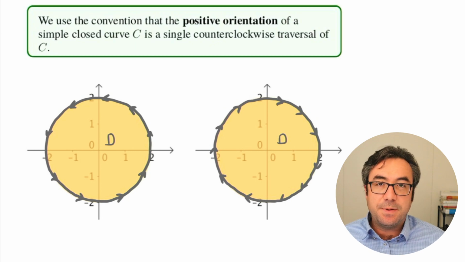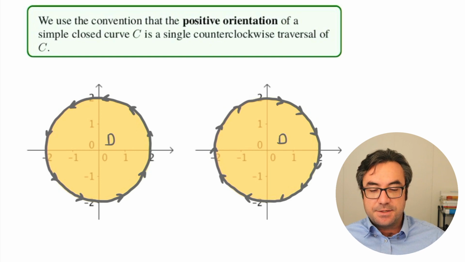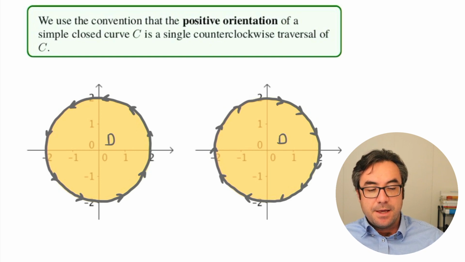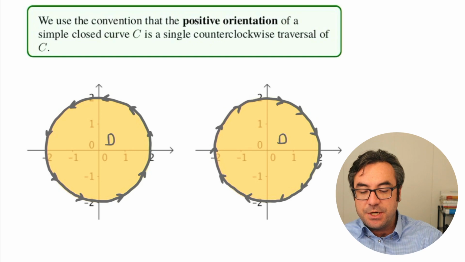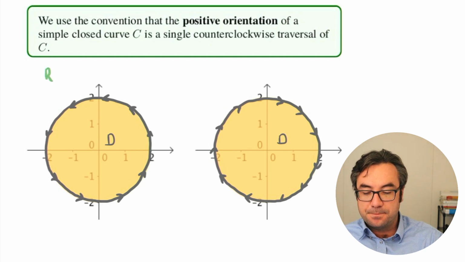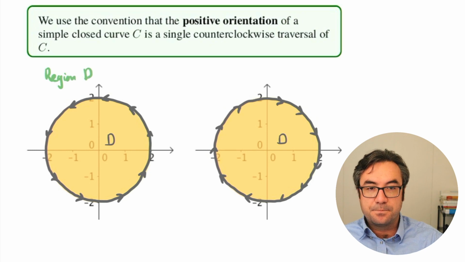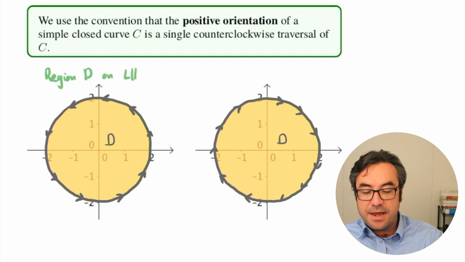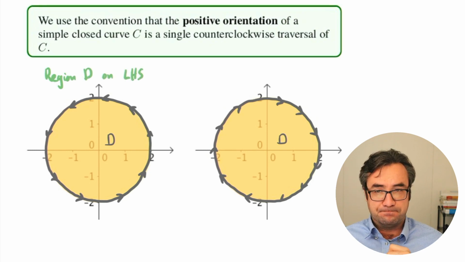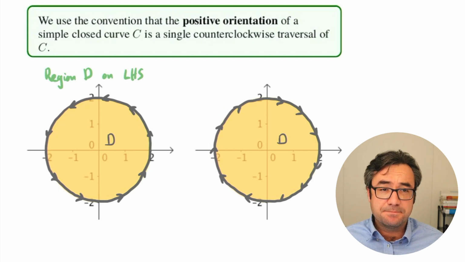One of these is going to be positive orientation. The other is going to be negative orientation. And how we distinguish is we want the region D on the left-hand side of our curve. That's just the convention we take.